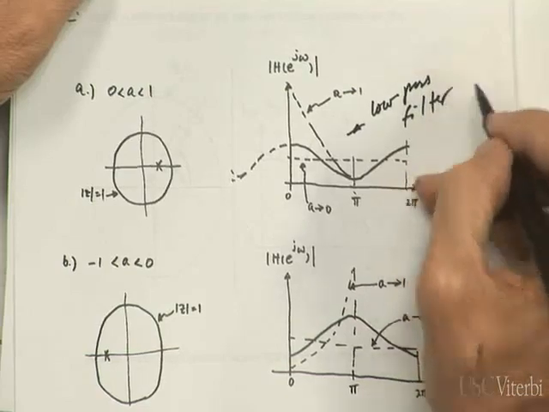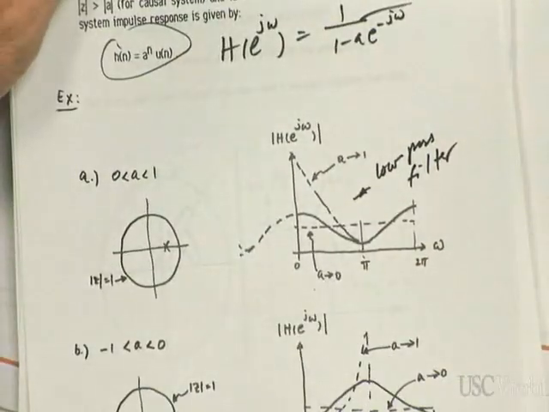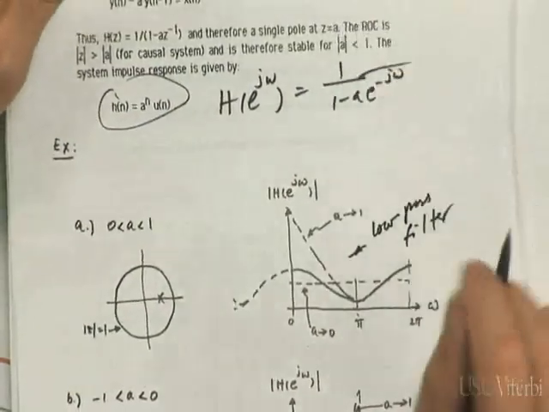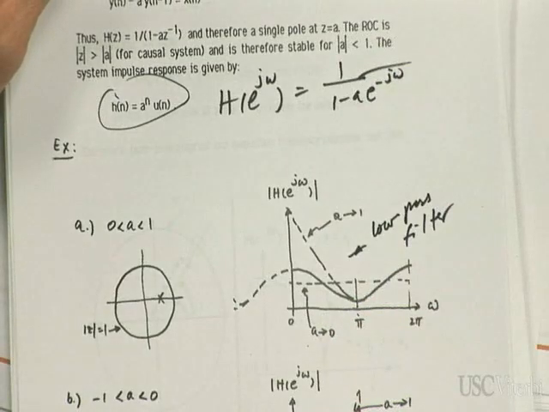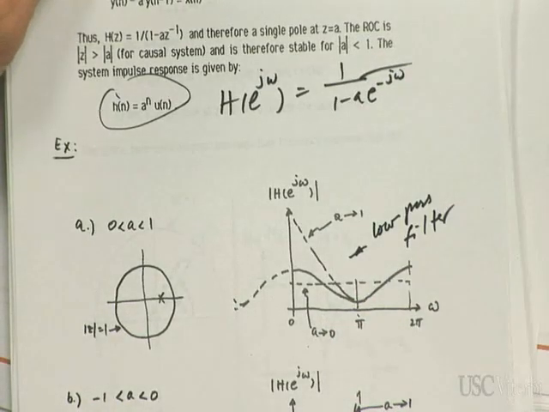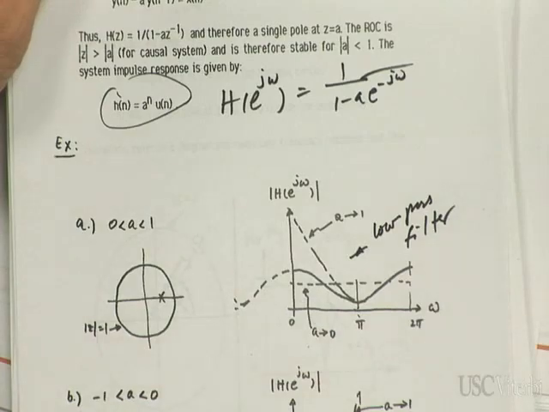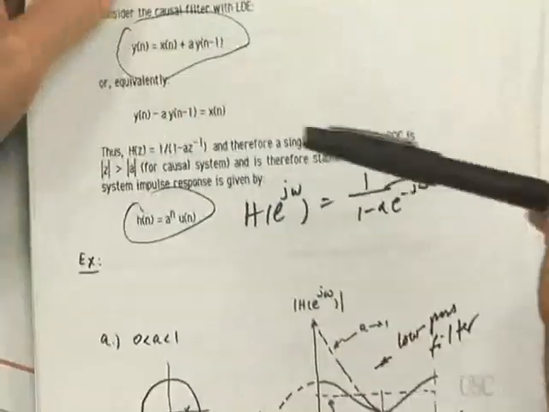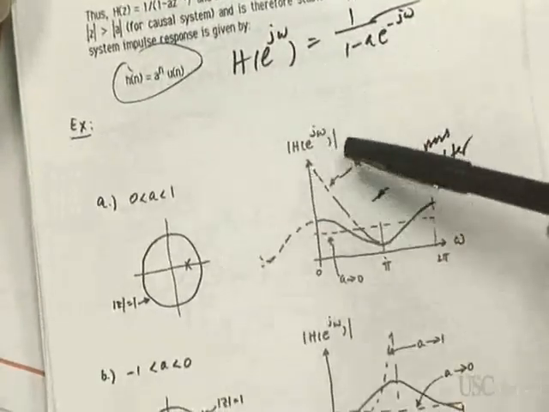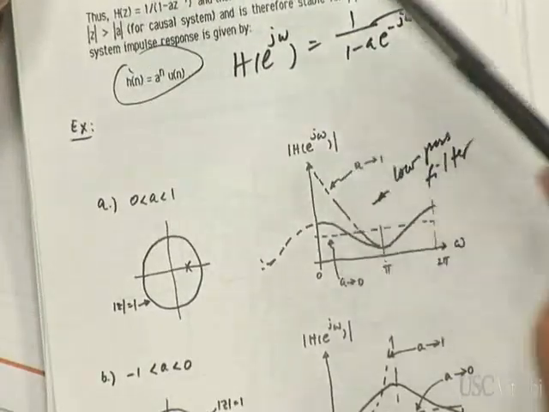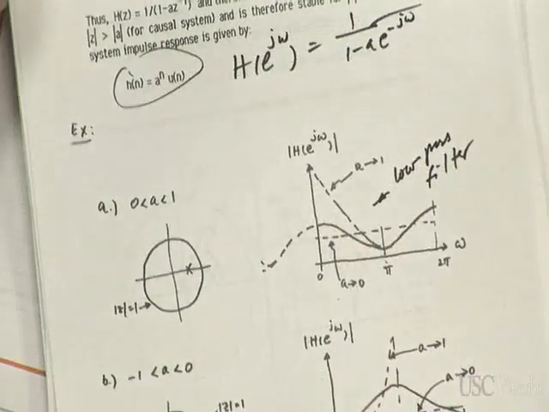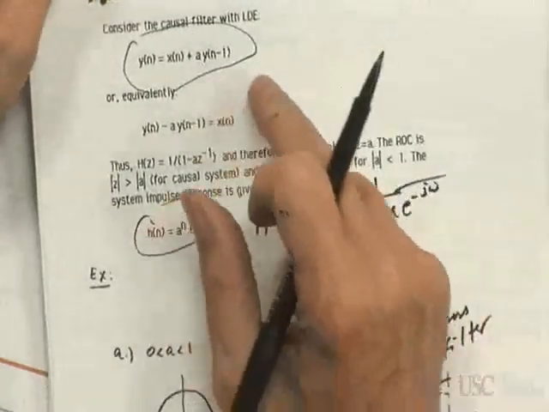What's interesting is that, if you recall from the previous example, the only way to make the filter response change is by increasing the number of samples. If you increase the number of samples, you increase the delay and the required memory. For this filter, you can change the frequency response simply by varying this one parameter, a, and you still have the same difference equation.